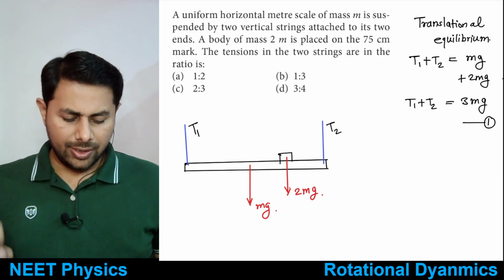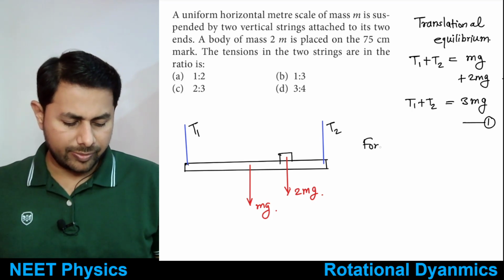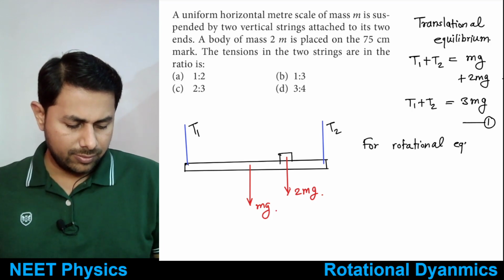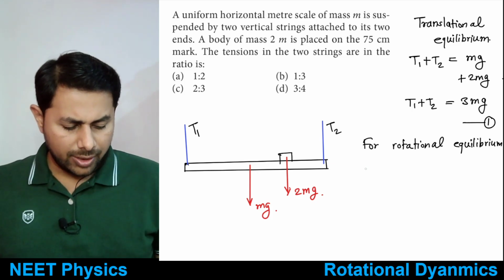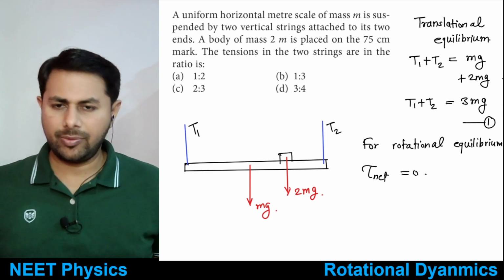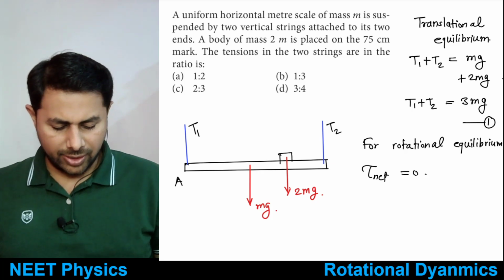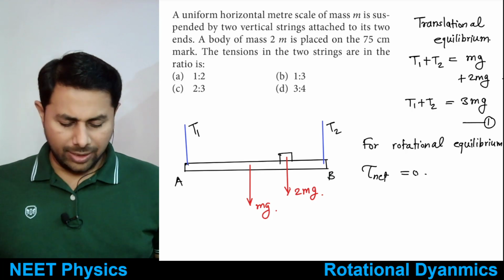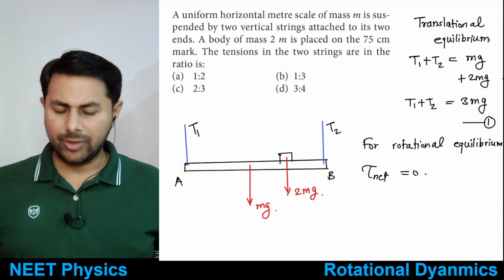Okay. Now for rotational equilibrium, the net torque about any point must be equal to 0, right? So let's call this point A, this one is point B. So net torque about any point must be equal to 0.